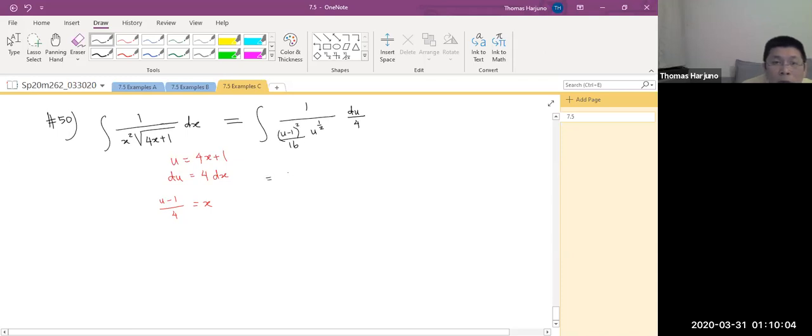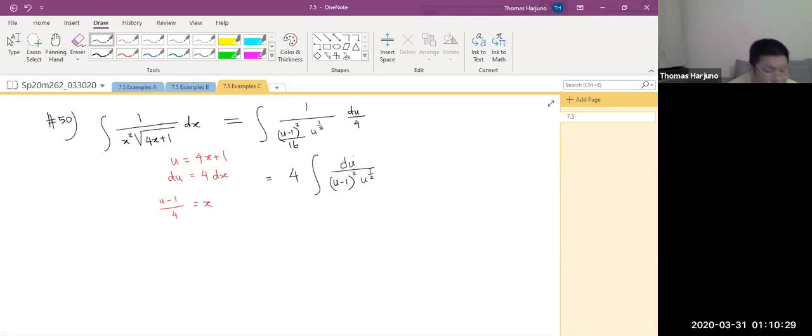Together with that 4, I get 4 outside. And then 1 over u minus 1 squared times u to the 1 half du.